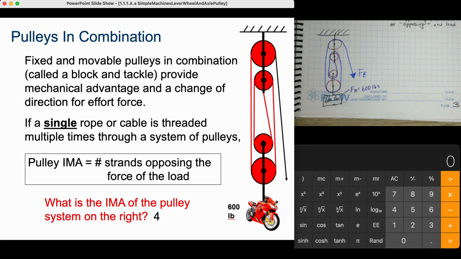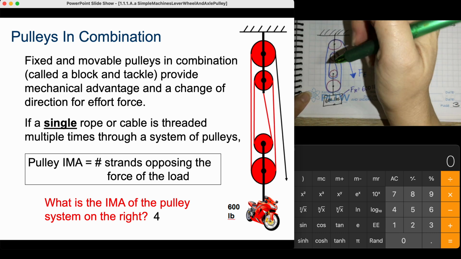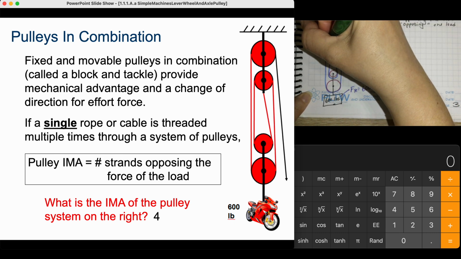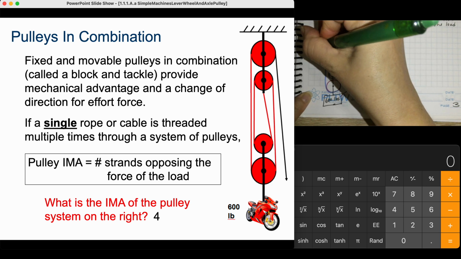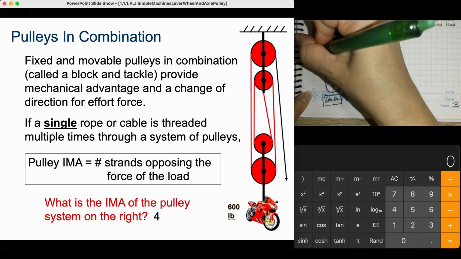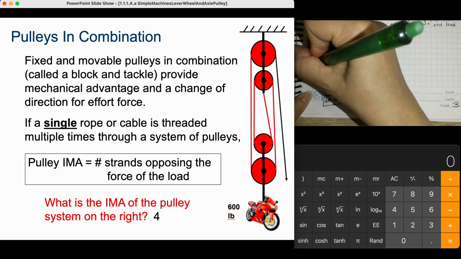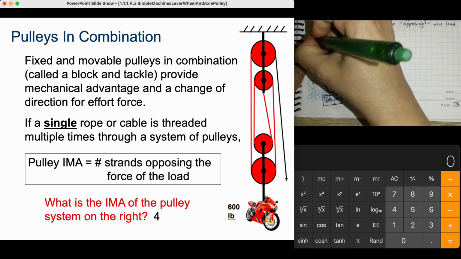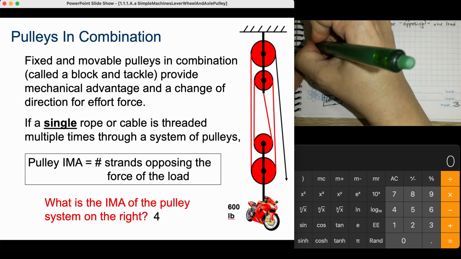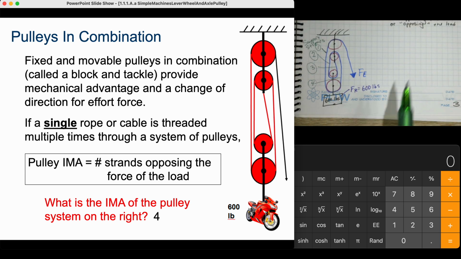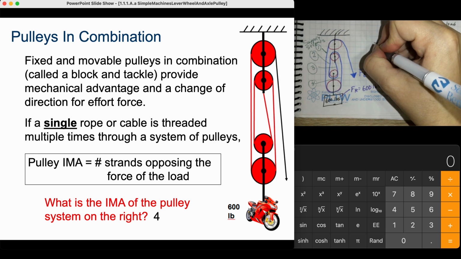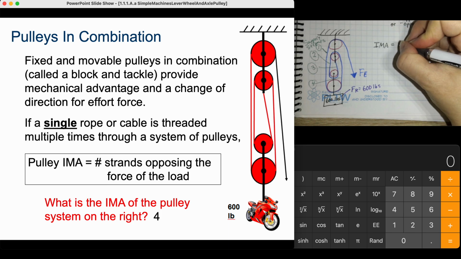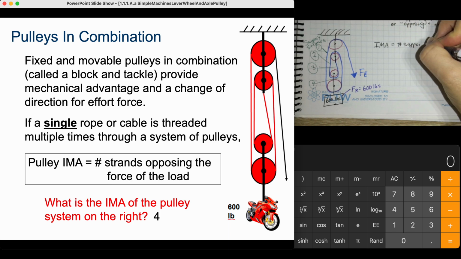Okay, so then my support strands are going to be 1, 2, 3, and 4. There we go. So this is an IMA of 4. So IMA equals number of support strands.